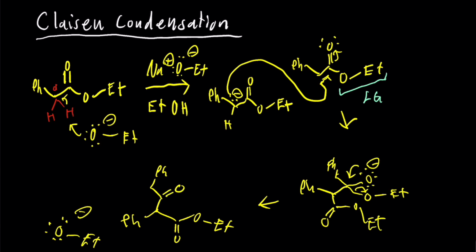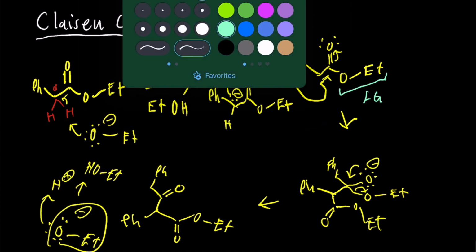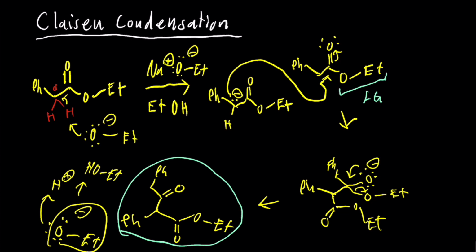So to prevent any side reactions from occurring or any further deprotonation, we can basically just add acid and water, which will then react with our base and leaving group, which is right here. And that will cause the protonation of this, where we will get ethanol. And that kind of does it for our not crossed, just simple Claisen condensation. This will be our end product right here.